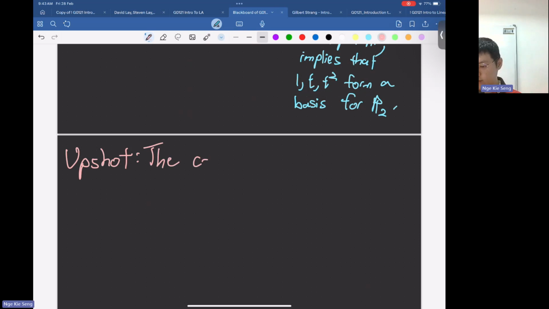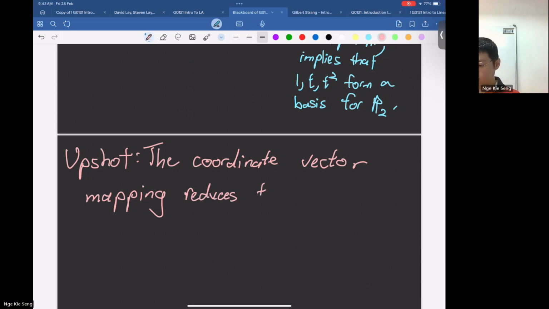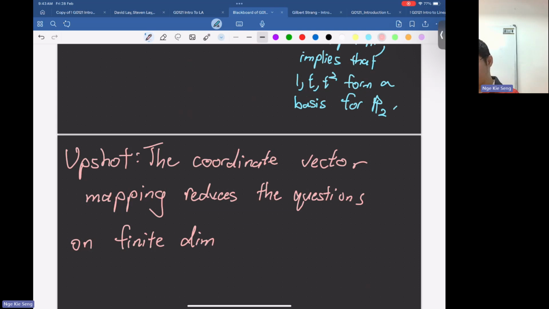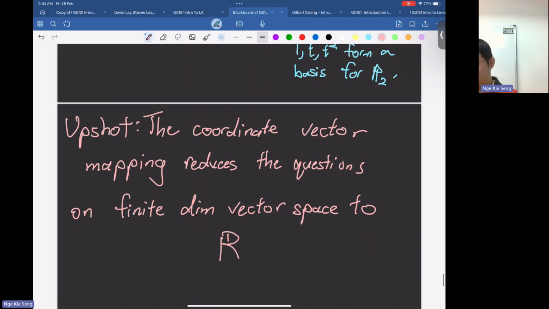The upshot is the coordinate vector mapping reduces the question on a finite dimensional vector space to Rn.